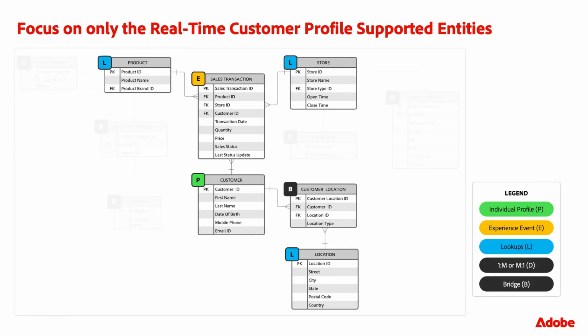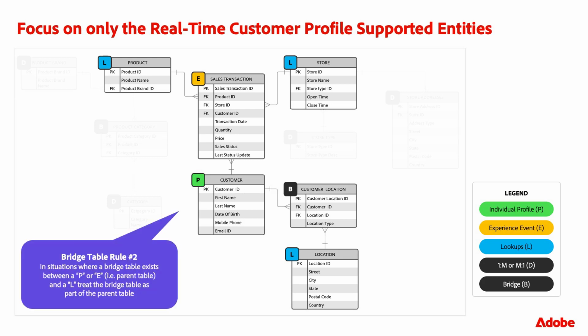So how do we start with the second step of identify? It's actually fairly easy. All we need to do is focus on the primary entity schemas within the real-time customer profile and the supported entities. At this point, you need to be aware of what we refer to as bridge table rule number 2. Rule number 2 states the following.